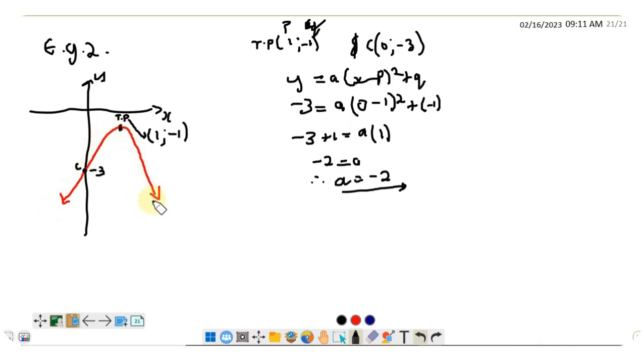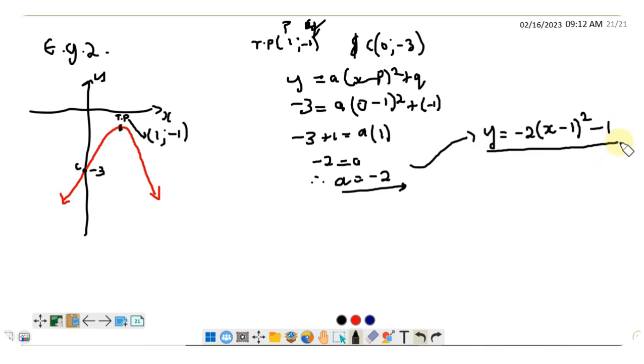We expect it to be negative because the graph is looking down, right? So now that we have the value of a, y equals negative 2 into (x minus 1) squared plus q, which is negative 1.